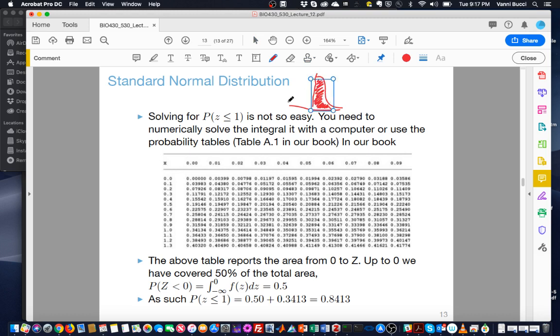We know that from minus infinity to 0 we have 50%, so the probability that X is less than 1 is going to be 50% plus, going here, this is 1, so 0.34, plus 34.134%, which is about 84%.